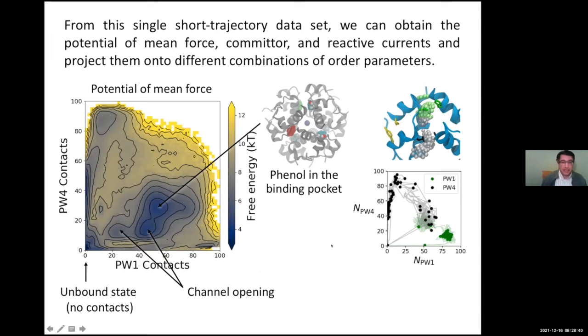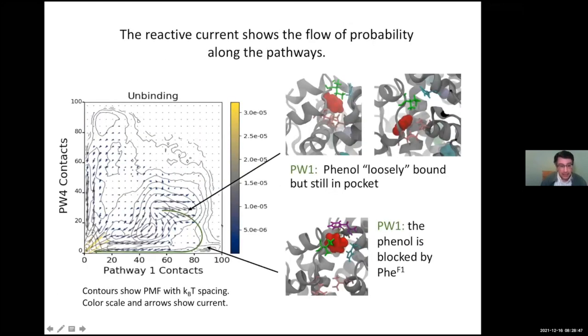All right, so that's the potential of mean force. We have minima at key states. Then we can calculate the currents along pathway 1. In essence, what happens is we loop out in this space following these arrows.